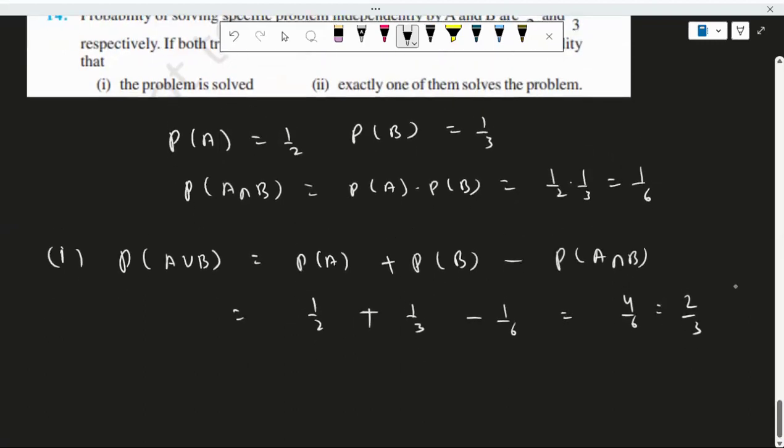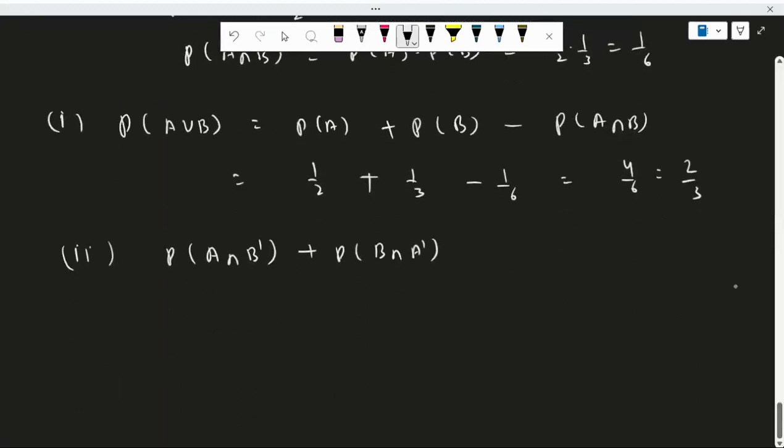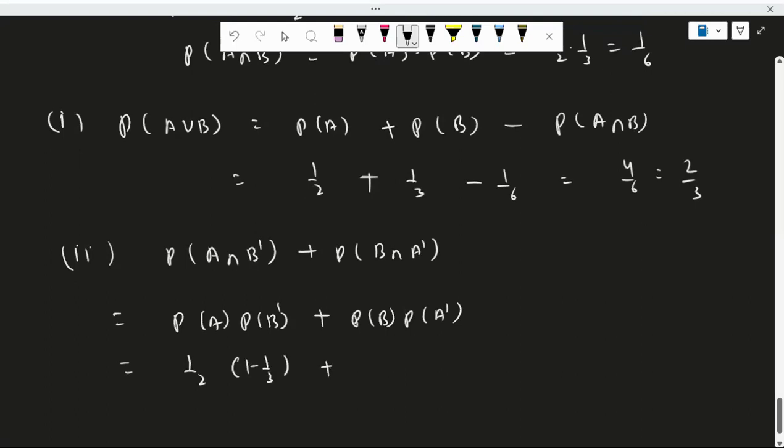Second part, exactly one of them solves the problem. That means if A solves, then B does not, or if B solves, then A does not. So this will be P(A) into P(B dash), and this will be P(B) into P(A dash). That means P(A) is 1/2, P(B dash) is 1 minus 1/3, plus P(B) is 1/3, P(A dash) is 1 minus P(A).